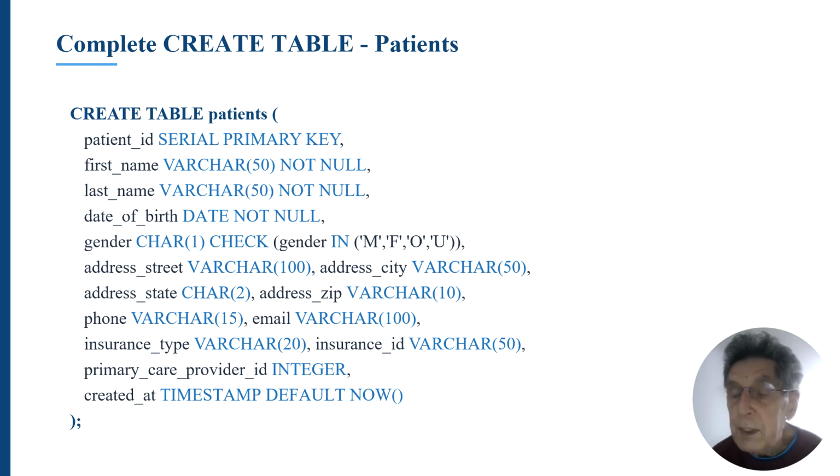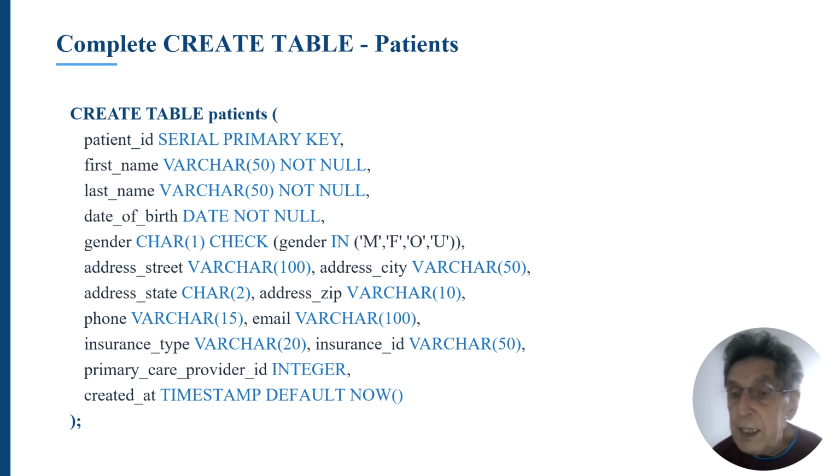Date of birth, not null, is critical for patient identification and age calculations. Gender, varchar with a check, uses that controlled vocabulary we talked about. Address fields are all varchar with appropriate lengths, and nullable if the patient doesn't have an address. Phone and email are contact information and nullable.